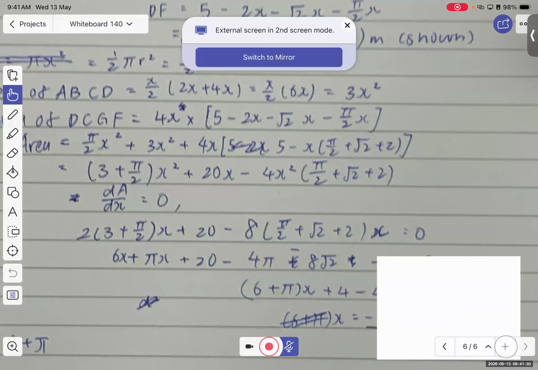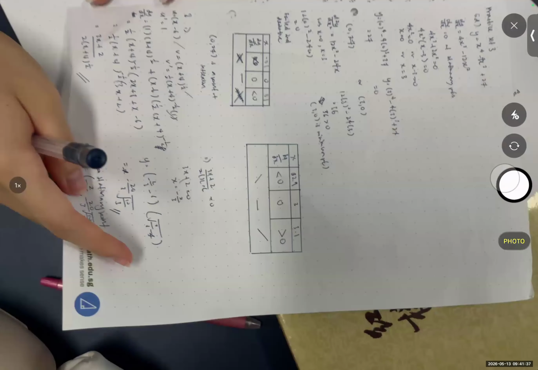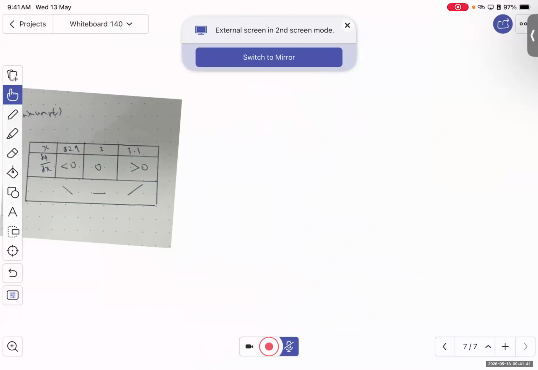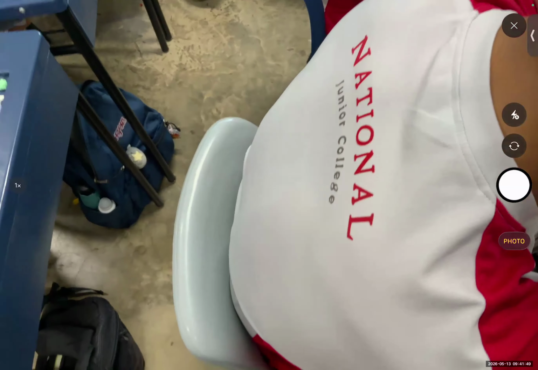Okay, some of you, your first derivative test is like this. Show me all your first derivative test. Okay, some like this. Any more first derivative test? Can you show me your table? What do you do? Oh, you forgot to do. You never do. That's right.